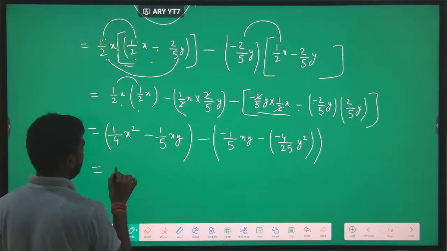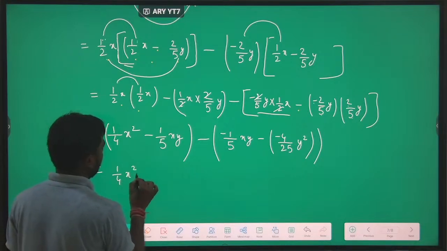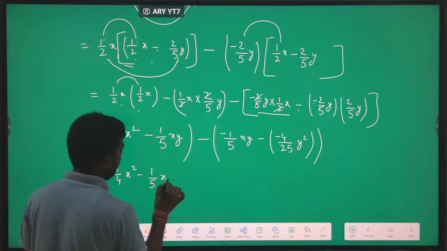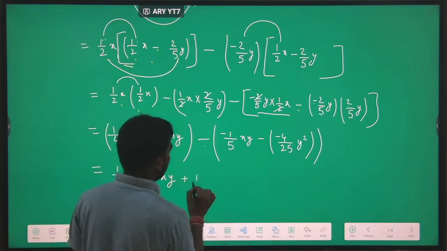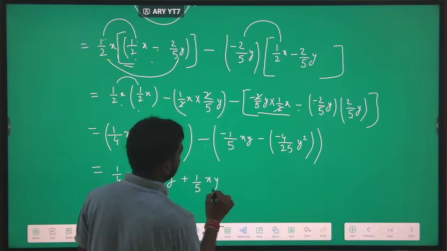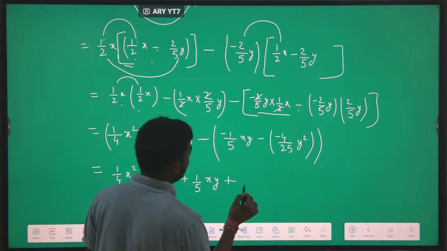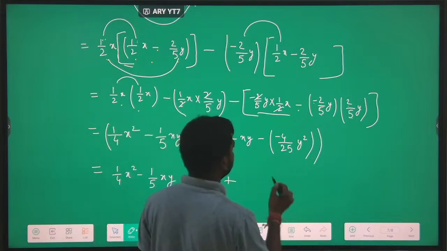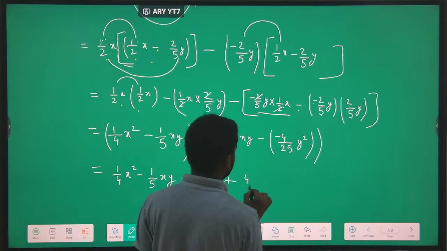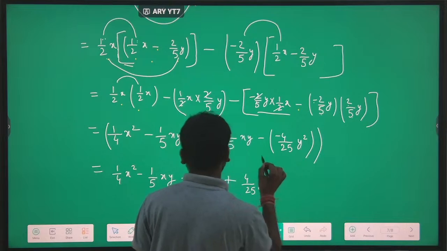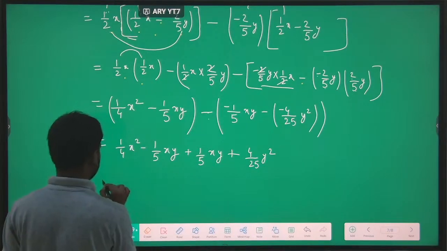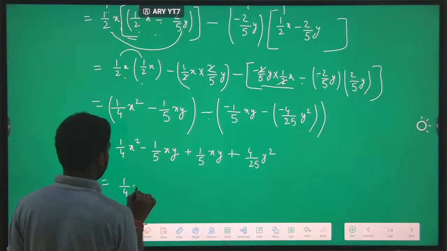Now we will write 1 by 4x square minus 1 by 5xy. Minus into minus will be plus 1 by 5xy. Minus into minus will be plus. We will get 4 upon 25 y square. So what will we get as the answer? We will get the answer as 1 by 4x square.